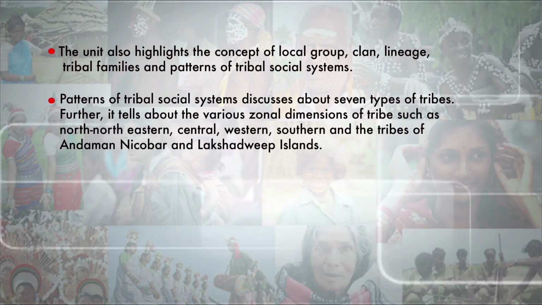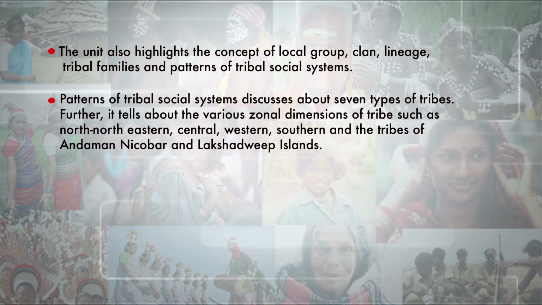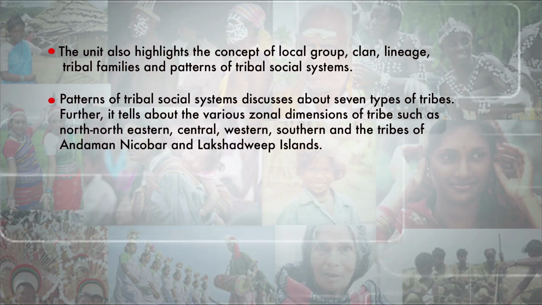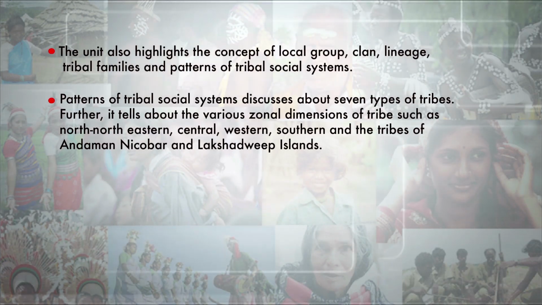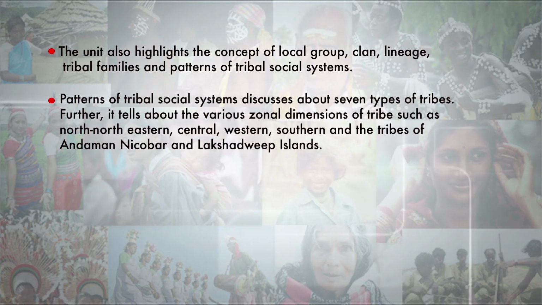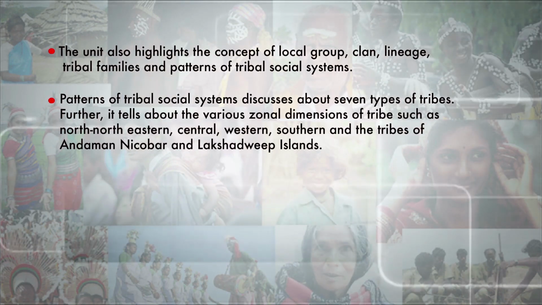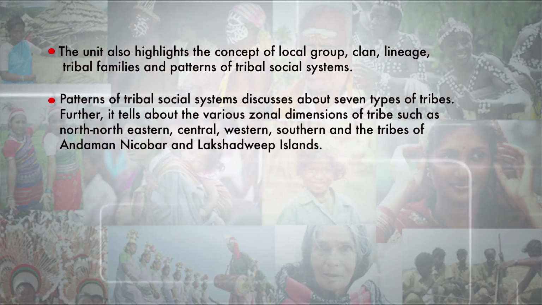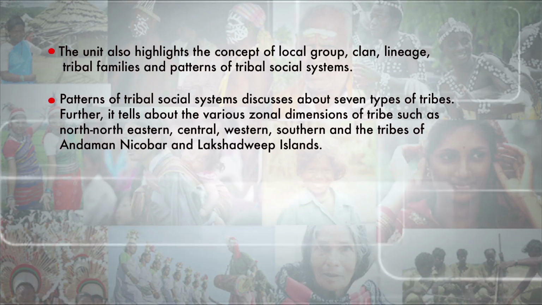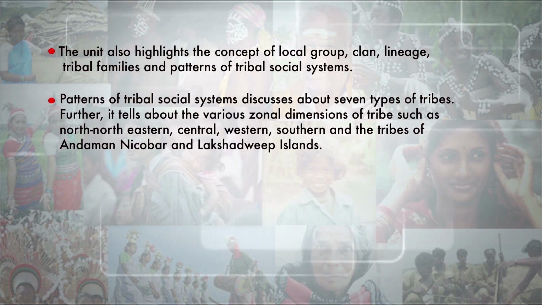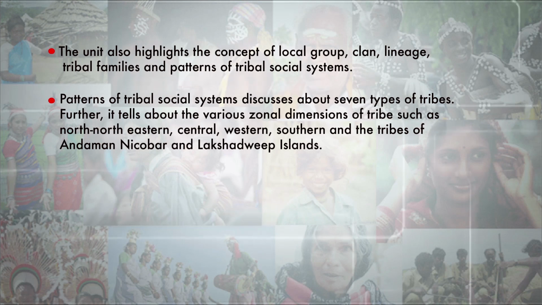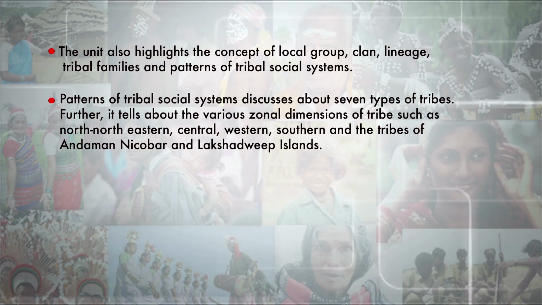Patterns of tribal social systems discusses 7 types of tribes. Further, it tells about the various zonal dimensions of tribes such as north, eastern, central, western, southern, and the tribes of Andaman, Nicobar, and Lakshadweep Islands.